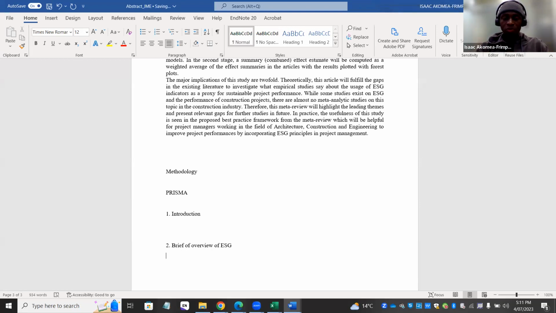Okay, so two groups. In the first group, the introduction group, the person who is going to lead this group is Akomea. Akomea will work with Mameya, and Akomea will work together with Michael Owahin.